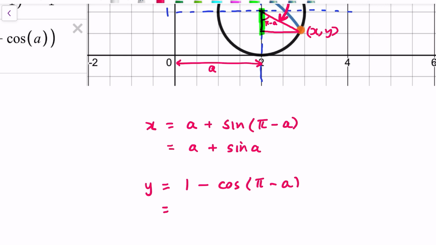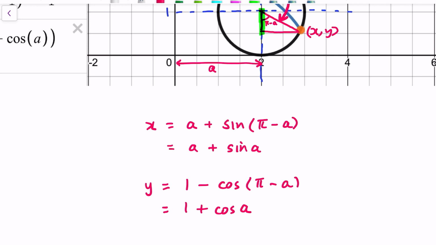If you're not sure about that, you either graph it and see what the graphs are, or you can use the compound angle formula for sine and for cosine that is on the formula sheet, and you get a whole lot of zeros because sine of pi is 0. Okay, so if we do that, we've got 1 plus cosine of a, and then as I had confusion earlier, if we just change all the a's to t's, we get the equations that were in the exam.